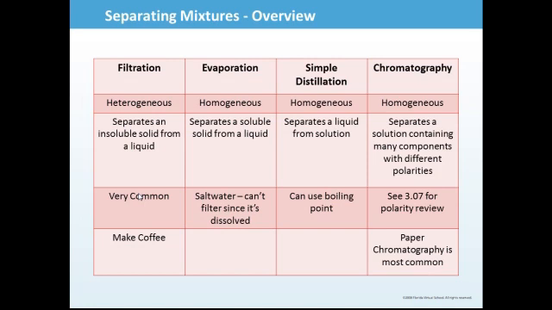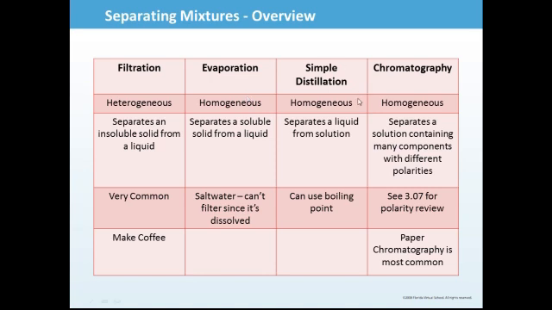A quick little overview. We have filtration, which is the only one for heterogeneous mixtures. It can separate an insoluble solid from a liquid. Evaporation is where we have a soluble solid that's dissolved, and we can heat up the solution so that the water evaporates and the solid is left behind.